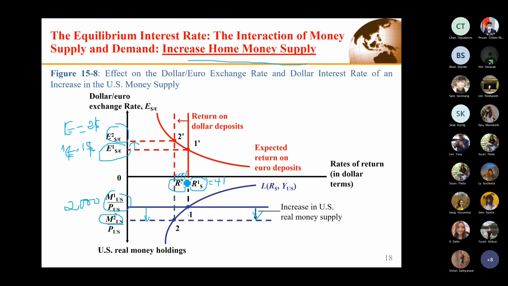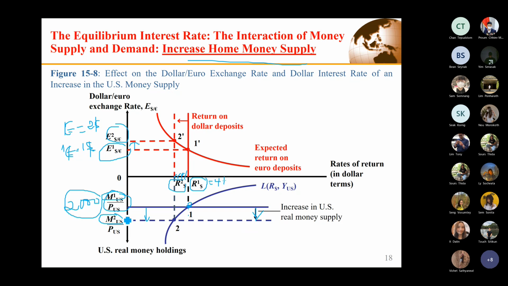As we learned in the previous chapter, at the original point, point 1, like 4% here, it means that the demand for money needed to buy goods in the economy is enough to buy 2,000 units of goods with that size of money, M1.